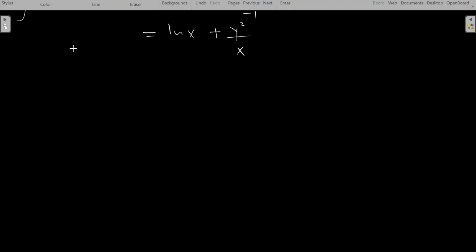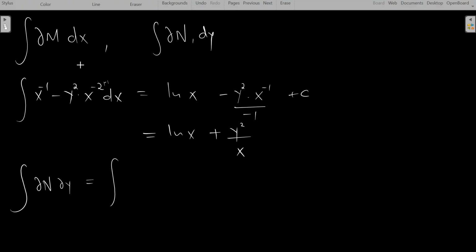Now let's continue. Let's find the integral of n with respect to y.